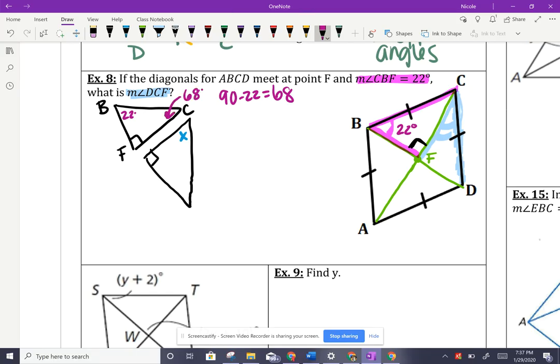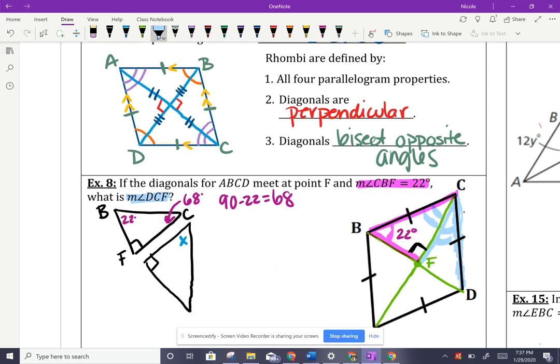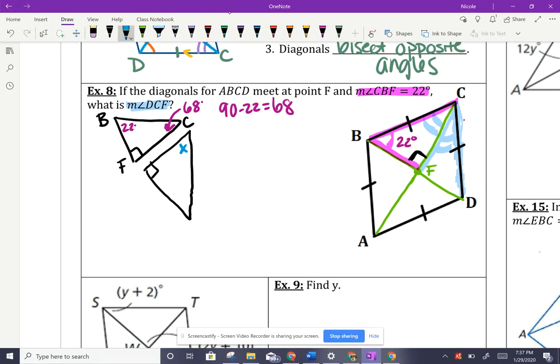But looking back at our diagram of a rhombus, FC is bisecting this angle. So these two are actually congruent to each other. So I can say BCF is congruent to DCF. So X is 68 degrees as well. So the measure of angle DCF is 68.